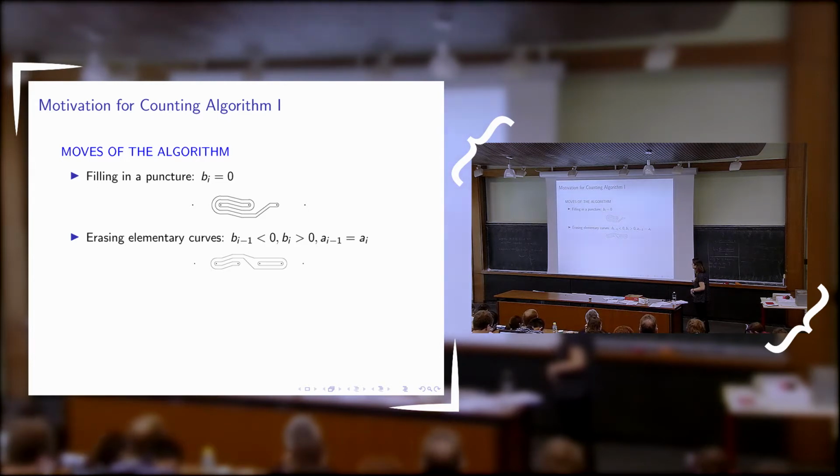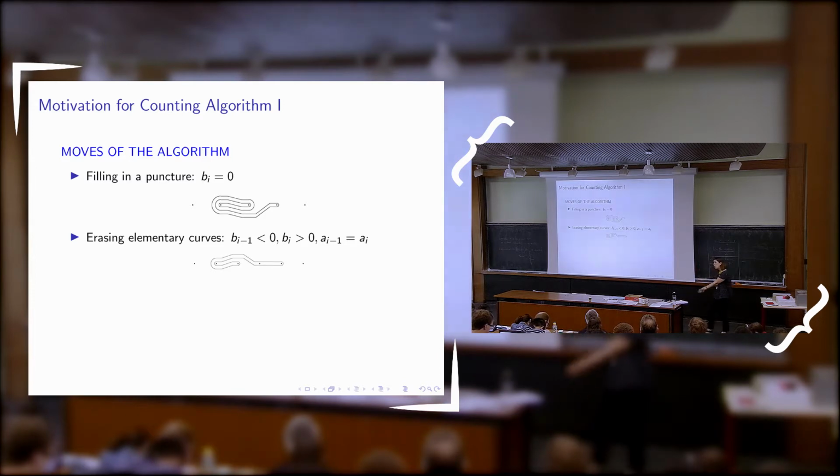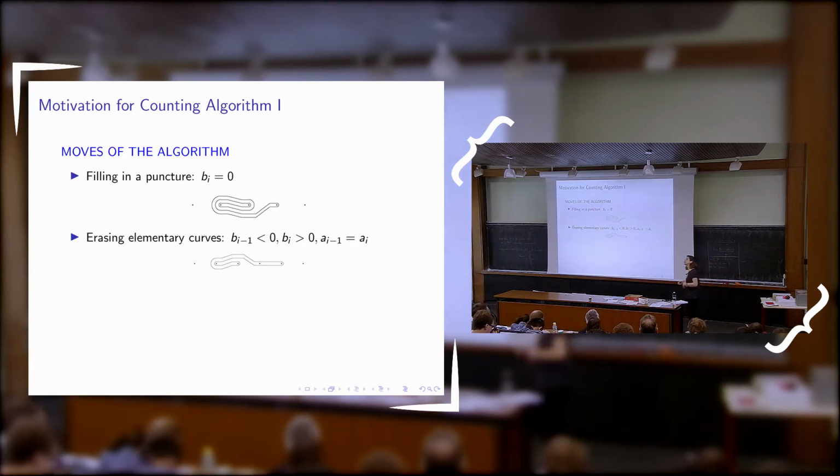There is an elementary curve, and the number of elementary curves is the minimum of the absolute values of the corresponding loop components. It erases the elementary curves, and it records the number of times that elementary curves have been erased.